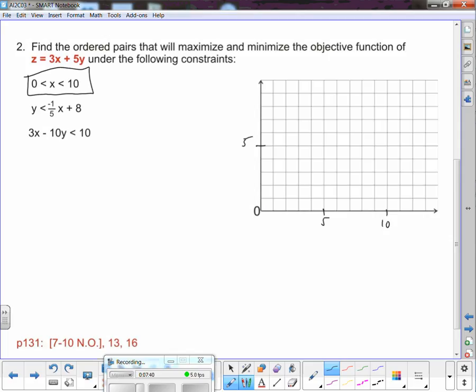Think about it. 0 is less than x is less than 10. What does that leave us?